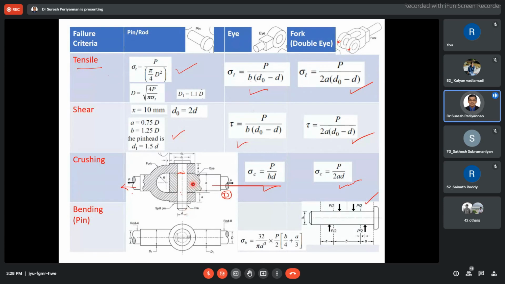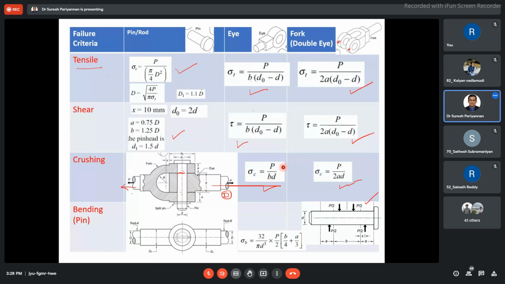You may also say crushing failure based on the eye, where the thickness of the eye is B, so force divided by B into D. But we consider both because they may be different materials, so we analyze crushing failure based on both components.